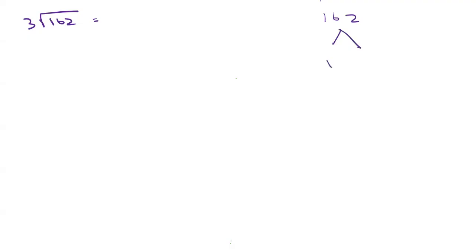So we have, of course, 1 and 162. Then I have 2 and 81. We have 3 and 54. We have 6 and 27. We have 9 and 18. And then I think that's all.